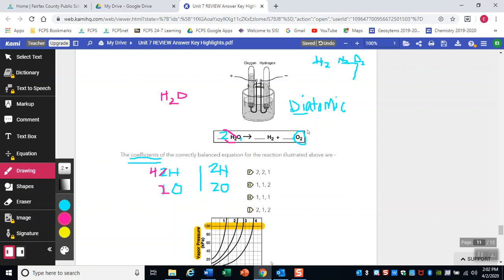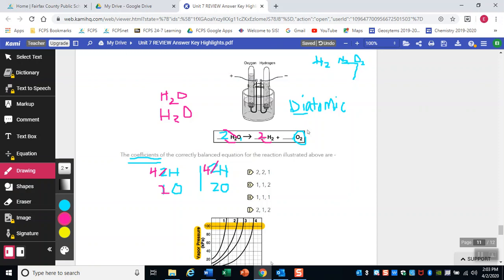And if I put a 2 in front, that means I have 2 H2Os, 2 moles of water. So that would be 2 plus 2. Now I have 4 hydrogens on the left. So to get 4 hydrogens on the right, I'll just do the same thing. I'll put a 2 in front. And now I have 2 times 2. I have 4 hydrogens on the right-hand side.